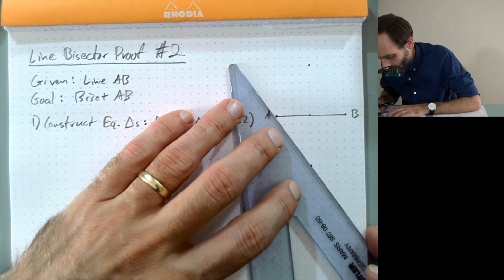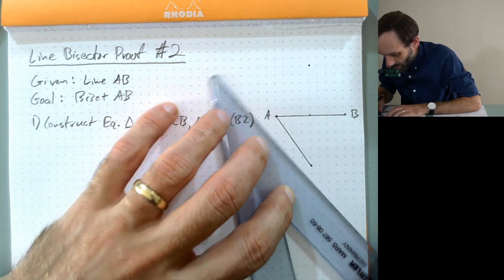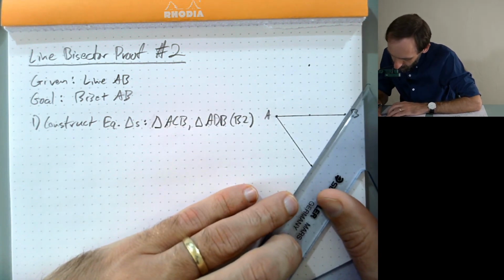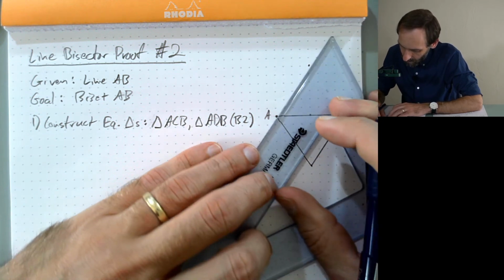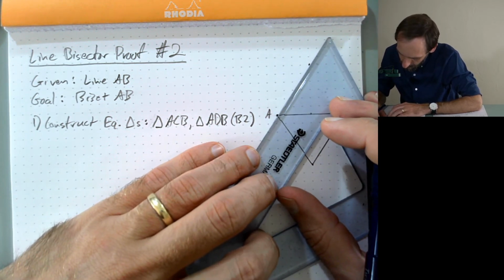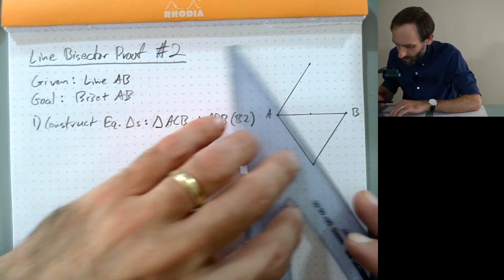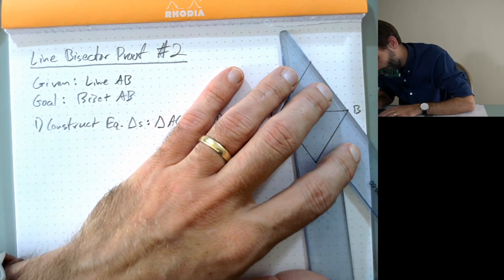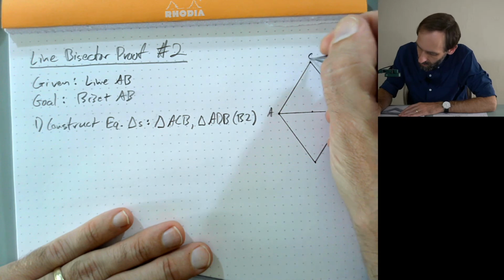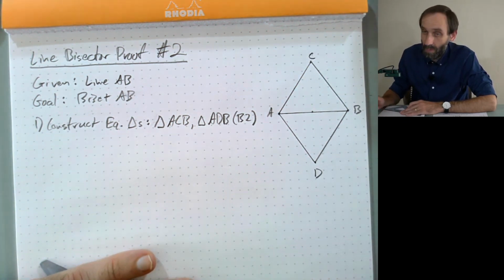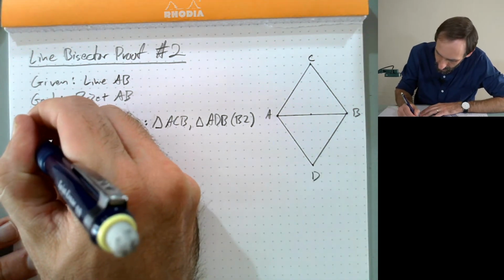And let's go ahead and draw these in. All right, so this up here will be point C, and this down here will be point D. So I've constructed my two equilateral triangles.